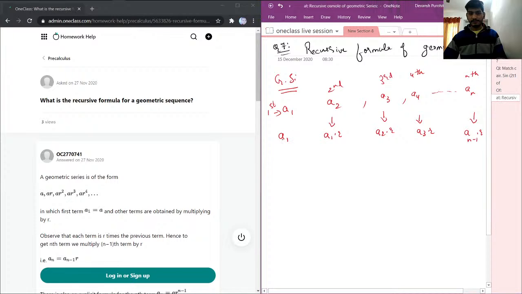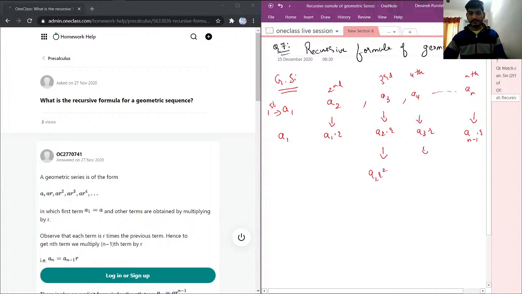Now A1 is just A1, then A1 r is A2, so I can put the value of A1 r in the place of A2, so this will become A1 r square.